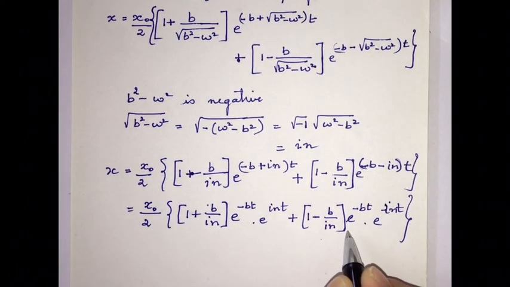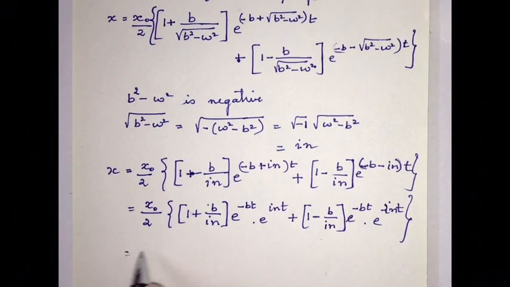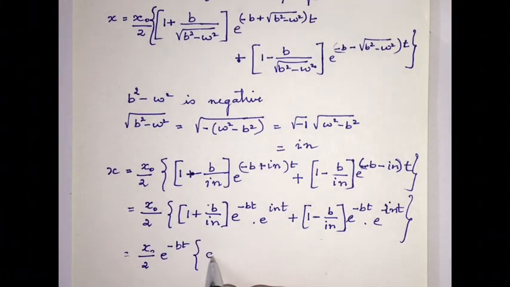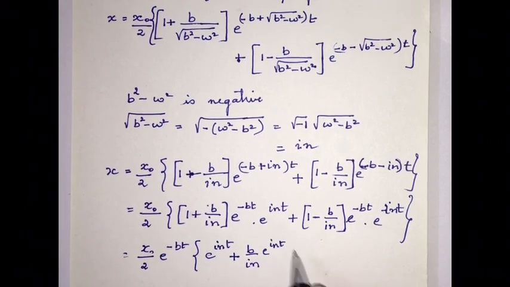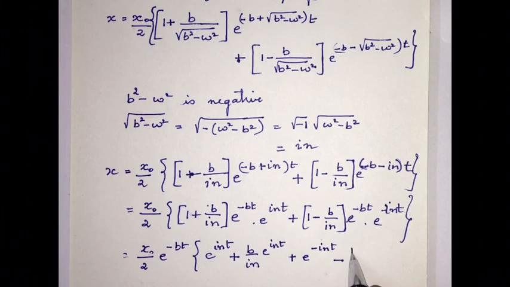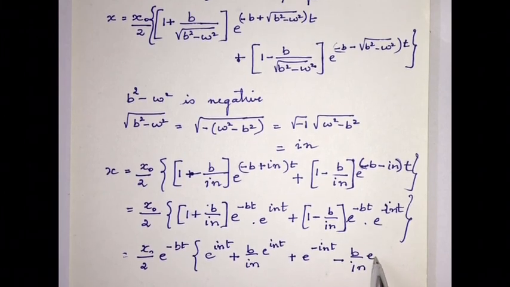Now e power minus bt is common here. x naught by 2 e power minus bt into e power int plus b by in e power int plus e power minus int minus b by in e power minus int.